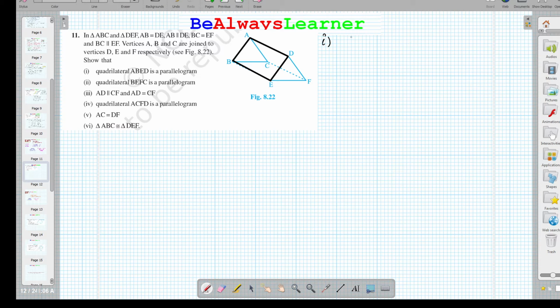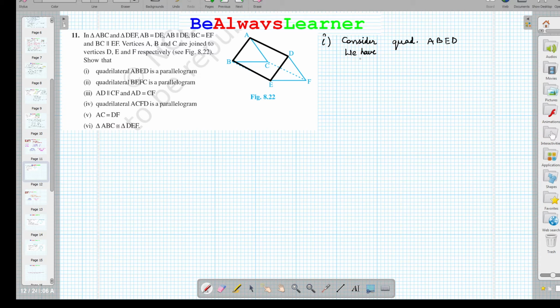So consider the quadrilateral ABED. In this quadrilateral, what do we have?